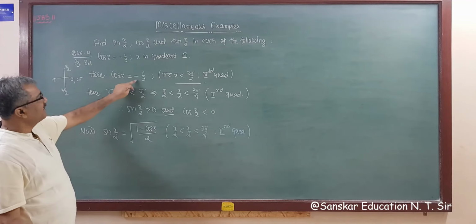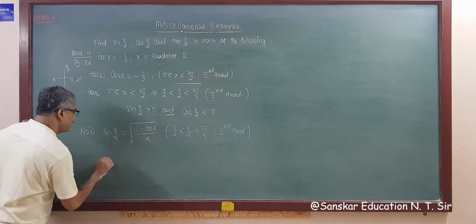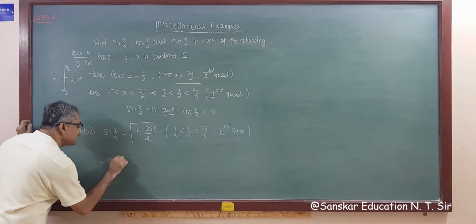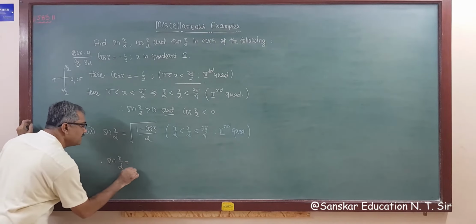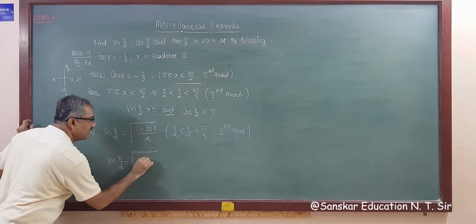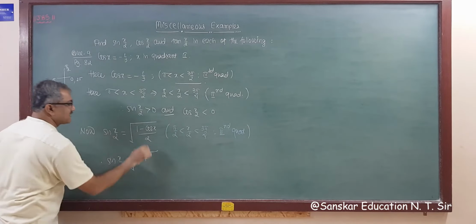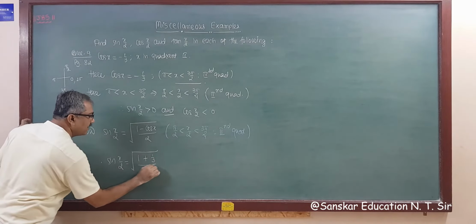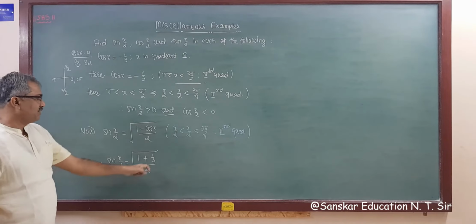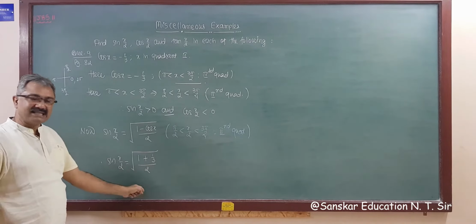Now cos x is given as minus 1 upon 3, so substituting the value, sine x by 2 is equal to square root of (1 minus (minus 1 upon 3)) divided by 2. So 1 plus 1 upon 3 is 3 plus 1, 4 by 3, divided by 2 gives 4 by 6.